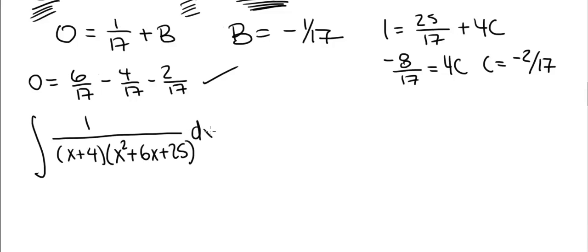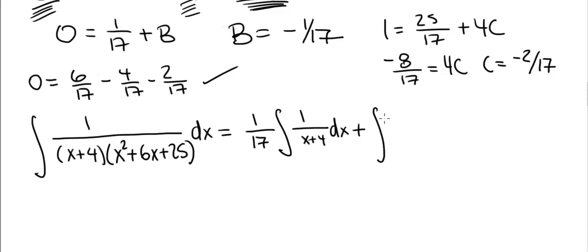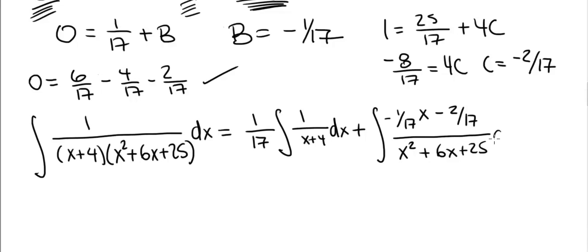It's now equal to A times the integral of 1 over x plus 4, so it's 1 over 17 times the integral of 1 divided by x plus 4, plus bx plus c, so b is minus 1 over 17 x plus c, that's minus 2 over 17, divided by x squared plus 6x plus 25. So this is what we have left to do.